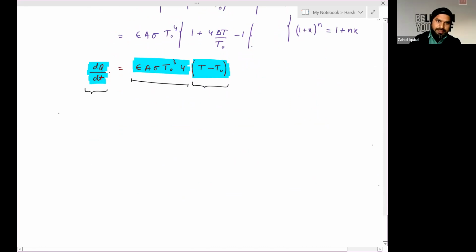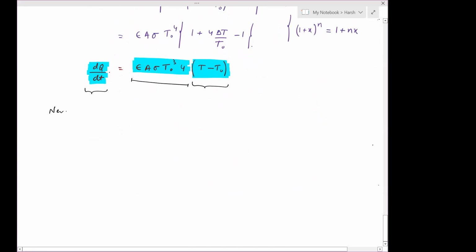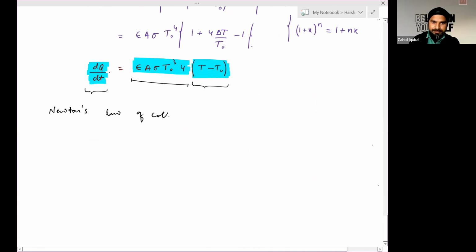So from this part, we can say Newton's law of cooling.